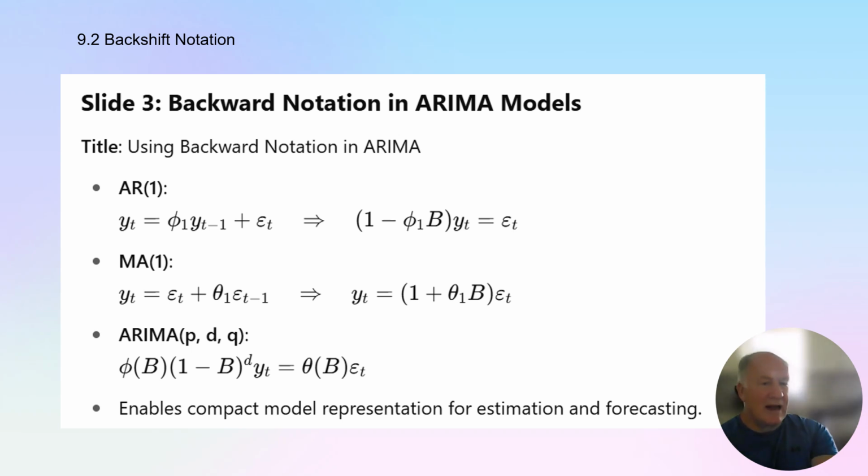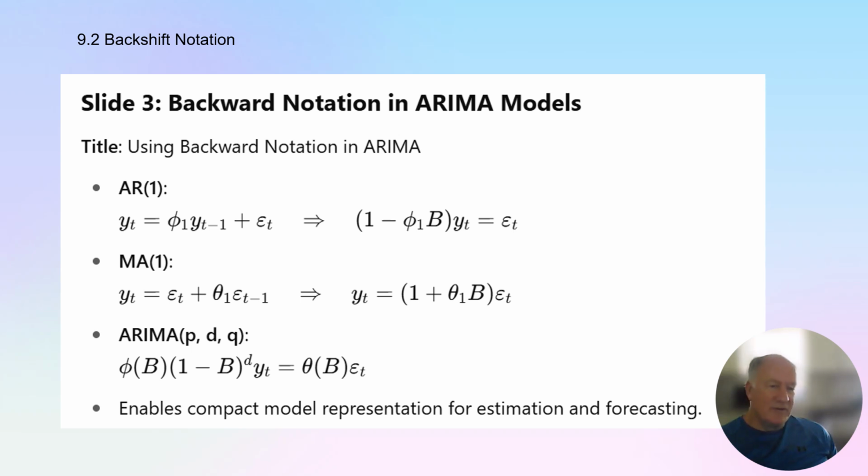If we look at moving average 1, what we have is that y of t is equal to some residual plus theta e of t minus 1. That can be written as 1 plus theta 1 B times the residual.